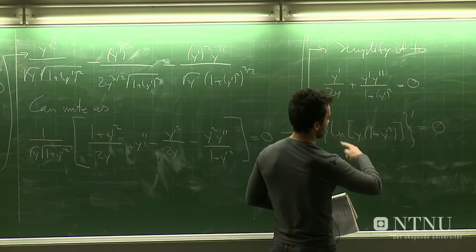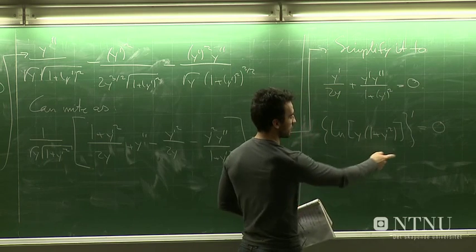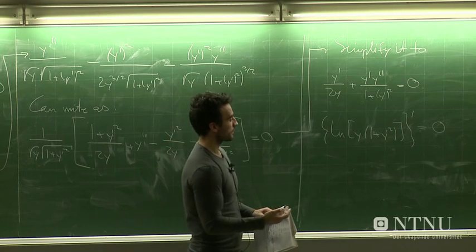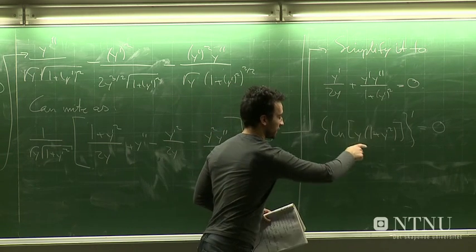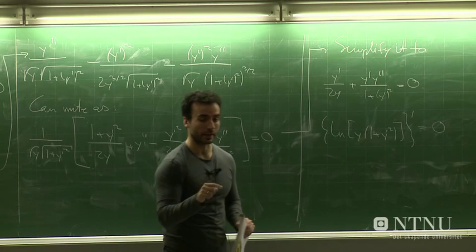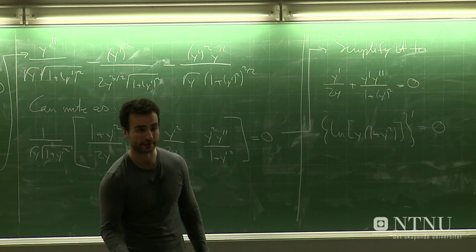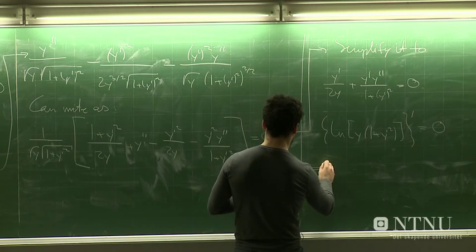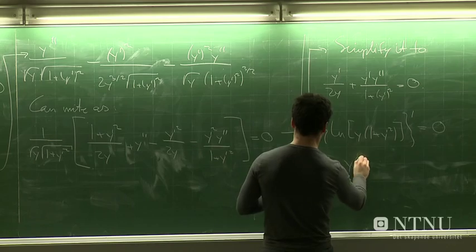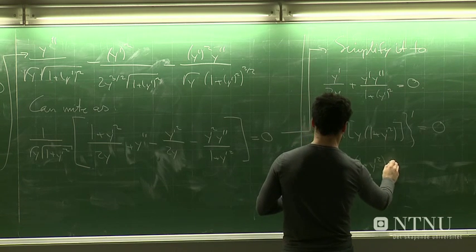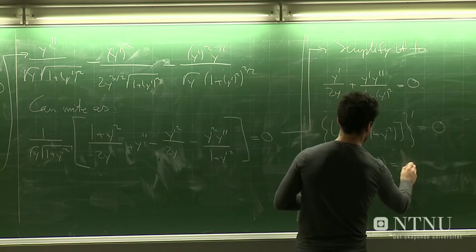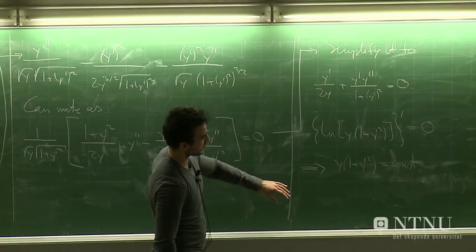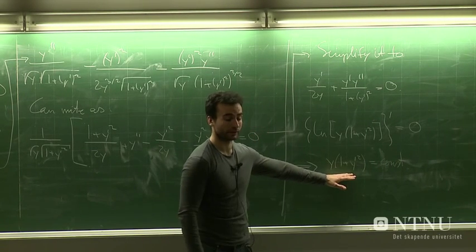Well, if this derivative is 0, it means that this term here inside the parentheses has to be a constant. And if the logarithm of this term here inside the square brackets is a constant, then the square brackets themselves also have to be a constant. So what we find is that this term has to be a constant.